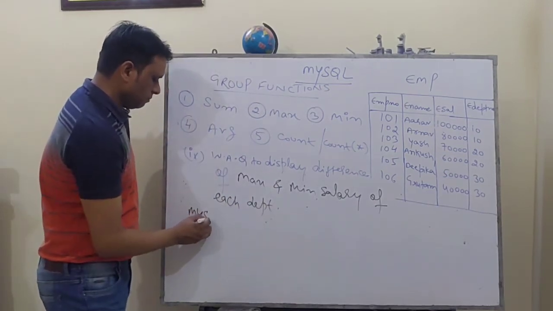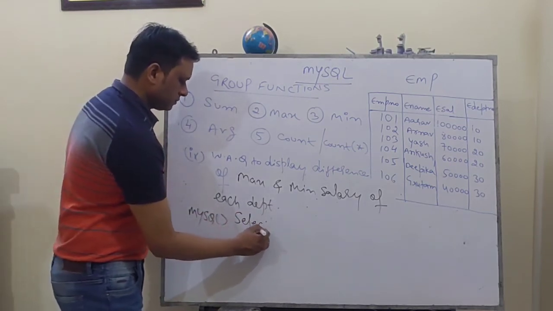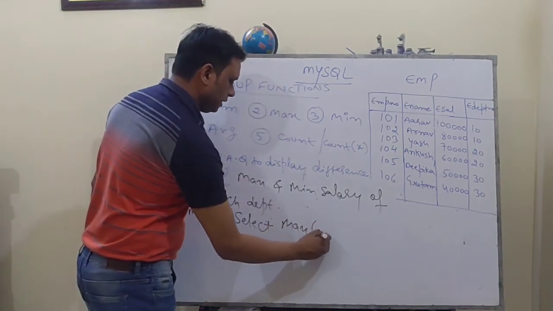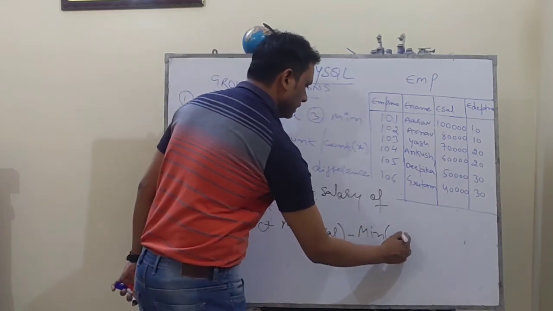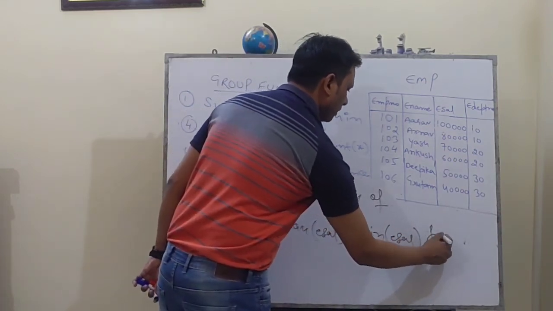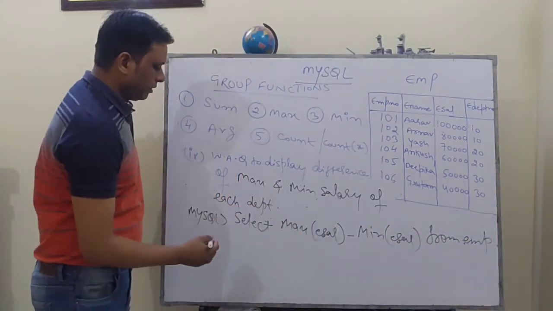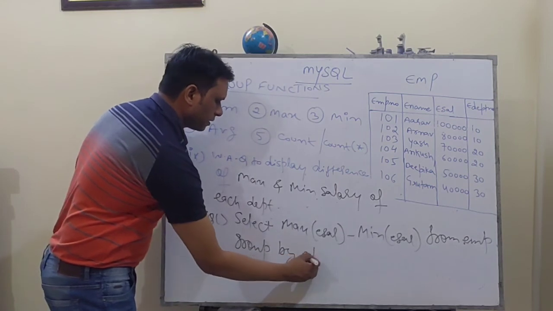In MySQL, select max E salary minus min E salary from EMP. Easy. Then group by also. Group by E department number.